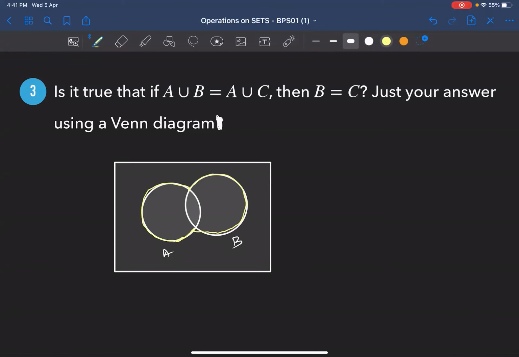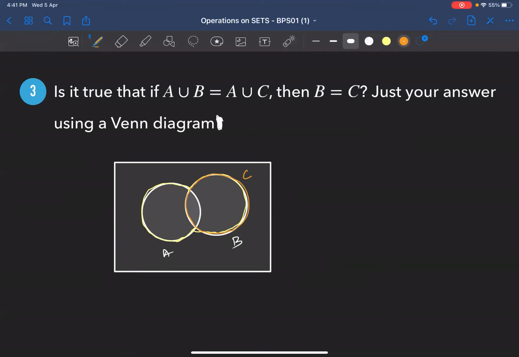Now I'm saying this is equal to A union C. Suppose I get a set which is equal to C, then it is possible that B equals C. But what if I just want A union B to equal A union C?